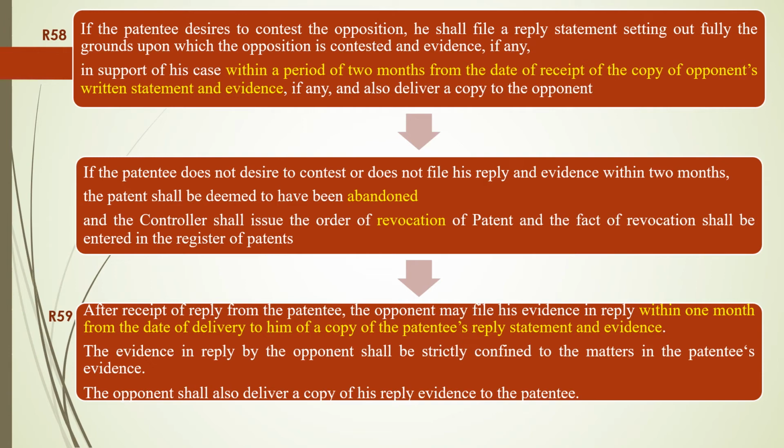Rule 59 says, after receipt of the reply from the patentee, the opponent may file his evidence in reply within 1 month from the date of delivery to him of a copy of the patentee's reply statement and evidence. The evidence in reply by the opponent shall be strictly confined to the matters in the patentee's evidence. The opponent shall also deliver a copy of his reply evidence to the patentee.